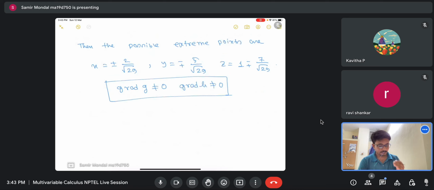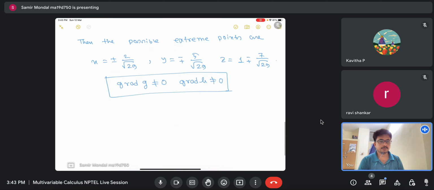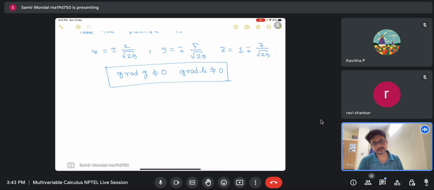One is 2 by root 29, minus 5 by root 29, 1 minus 7 by 29, one pair. Another pair is x negative, y positive and z is 1 plus these things. Two pairs are there. Find the value of f, then compare which one is maximum and which one is minimum.